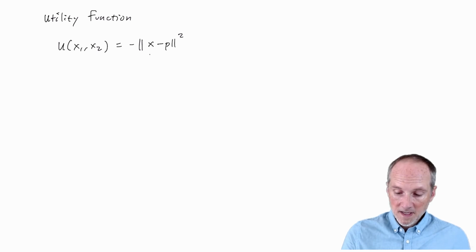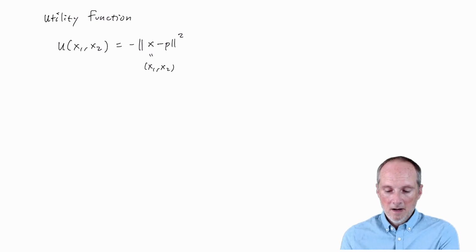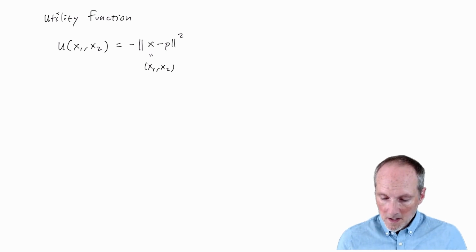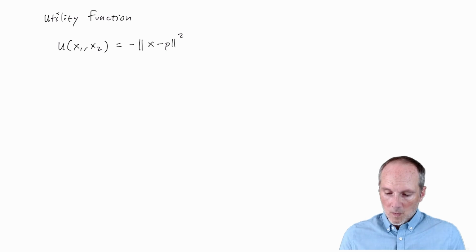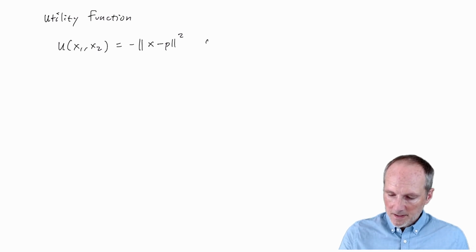So same exact idea. Again, here X is a pair, X1, X2. So this is called quadratic utility, as in the one-dimensional model.